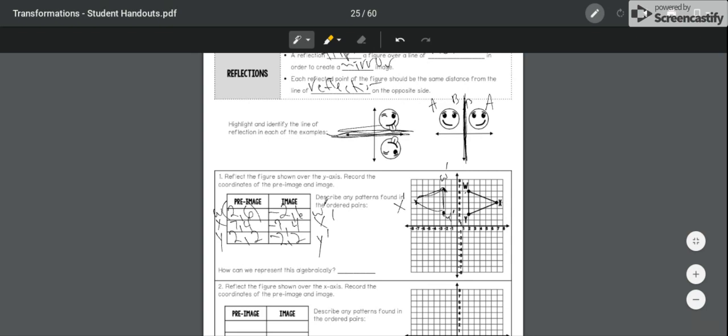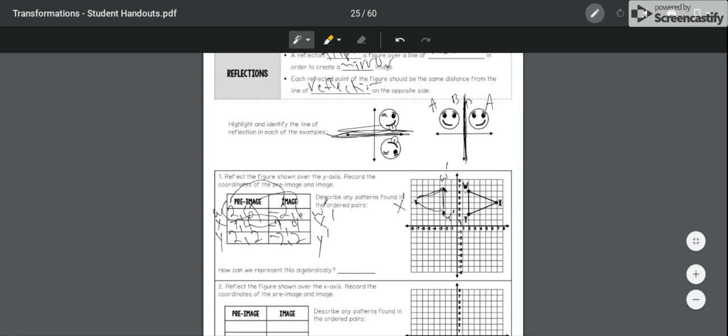So now you're supposed to look at that, and we want to find the algebraic stuff like last time. So what patterns do we see in the ordered pairs? If we look at the W, the X stays the same number, but the sign changes. And then the Y just stays the same. And if you look at the ordered pair of the X, the sign changes on the X, and then the Y stays the same.